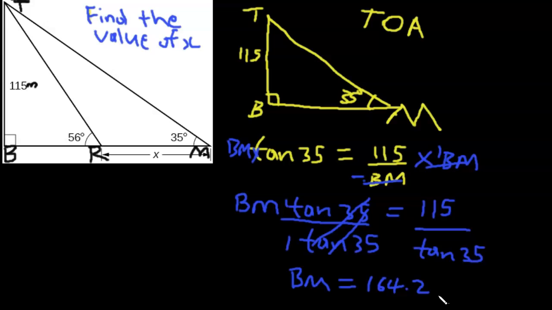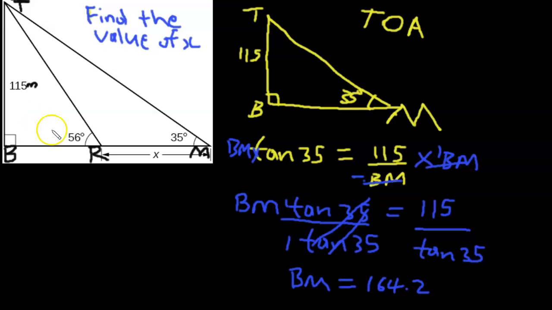If I'm using one decimal place, right? 164.2. So all of BM here, from B to M, is 164.2. Now I want the length of BR.